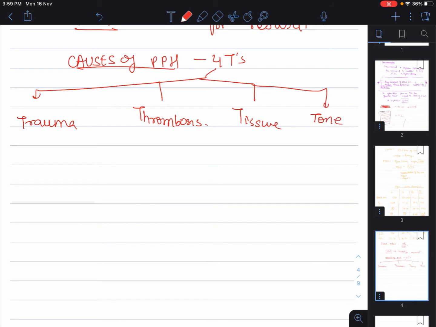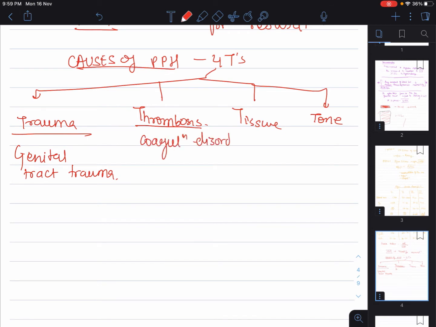In trauma, it will be any genital tract trauma, and I'll be dealing with this topic under the birth canal injury topic that I'll hopefully be covering. Under that I'll be discussing the first degree, second degree, third degree tear, and the kind of questions you can get around it. Then thrombosis, any sort of coagulation disorders.